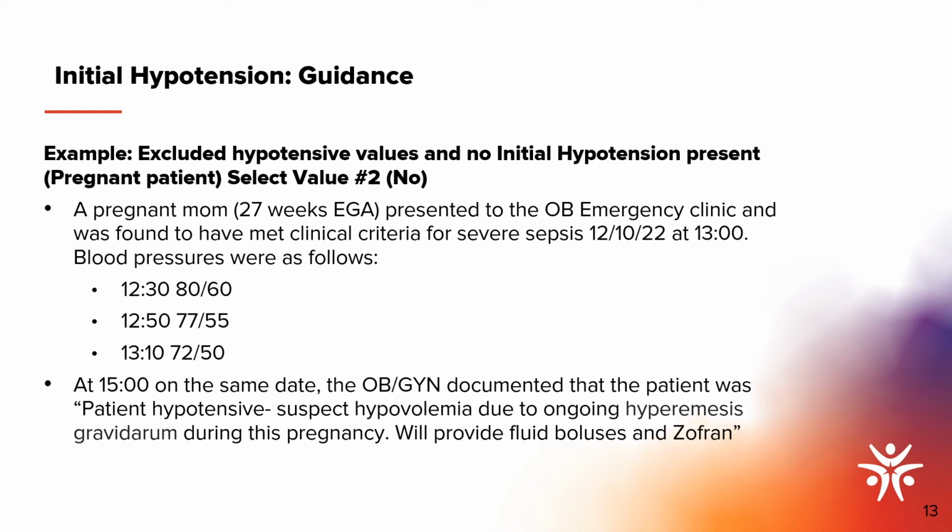Her blood pressures were as follows: 12:30, 80/60; 12:50, 77/55; 13:10, 72/50. At 3 p.m. on the same date, the OBGYN documented that the patient was hypotensive and that he suspected hypovolemia due to ongoing hyperemesis gravidarum during this entire pregnancy.